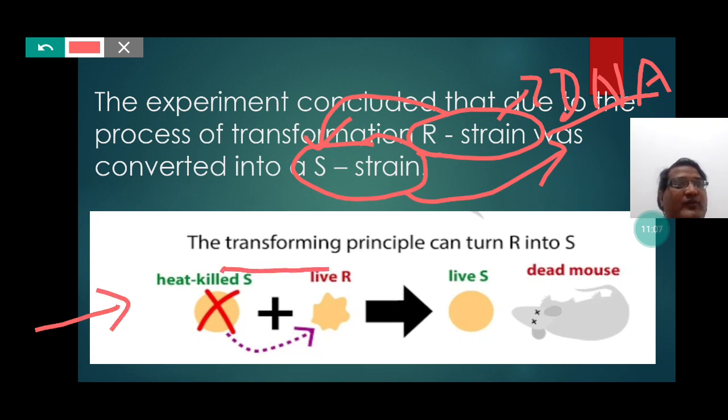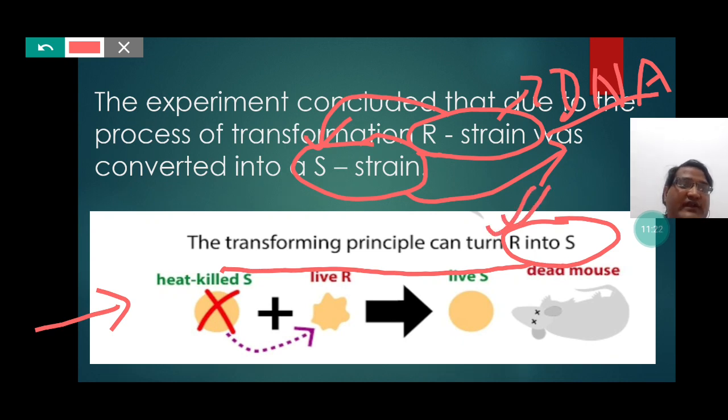The transforming principle can turn R into S. That is, the process of transformation can convert the non-virulent Streptococcus bacteria into the virulent Streptococcus pneumonia.